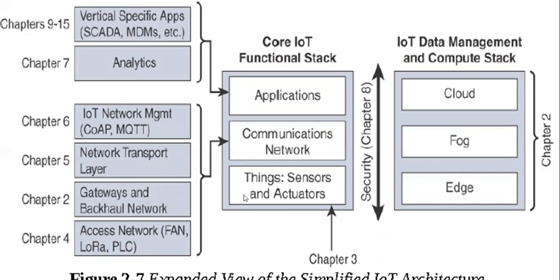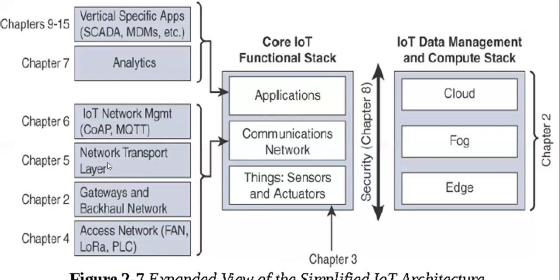After receiving the information from all these sensors in the gateway, it should be communicated towards a higher level layer. For that we are using one more network called what? Backhaul network. The backhaul network is the network between the gateway and the upper layer, remember. The access network is the network between the gateway and the sensors.